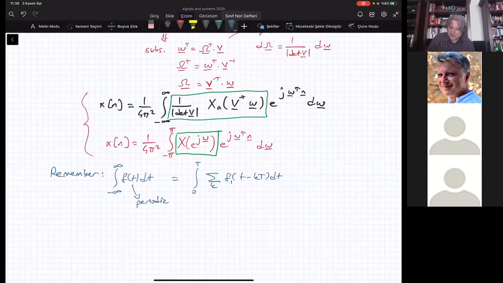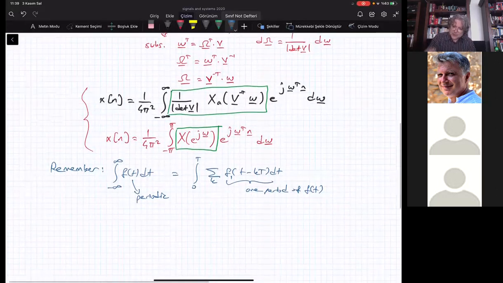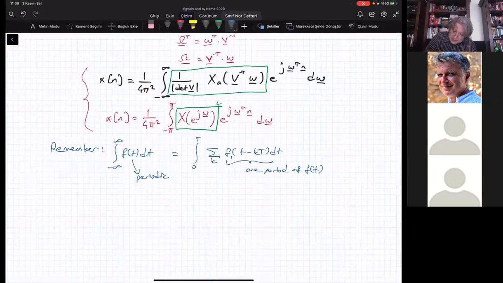I will put F1 here, which actually corresponds to one period of f of t, in this kind of a format. And being able to write it like this will help us to relate these two in this way.